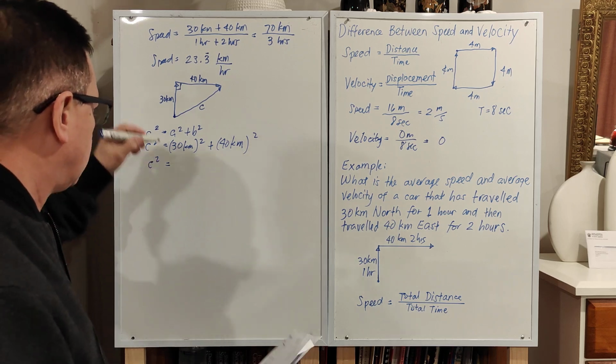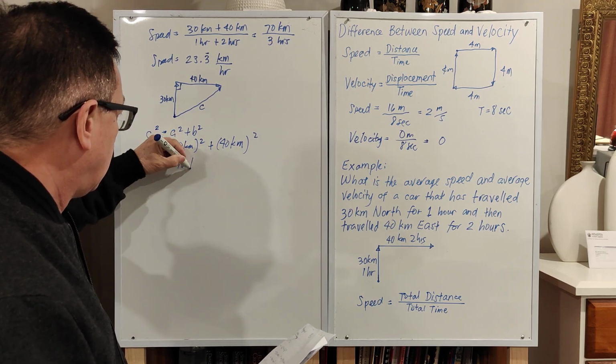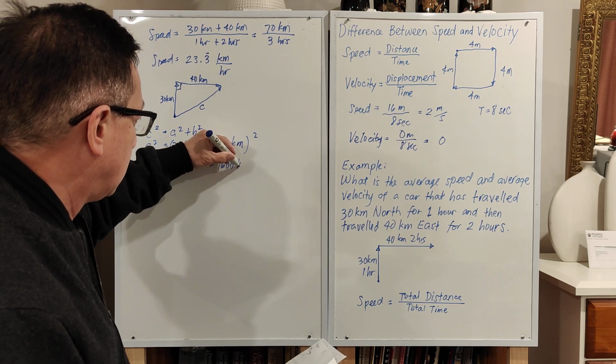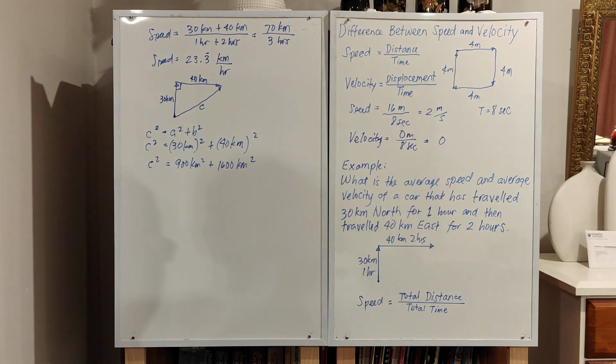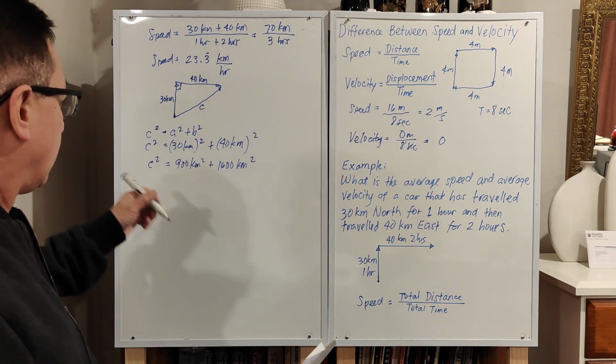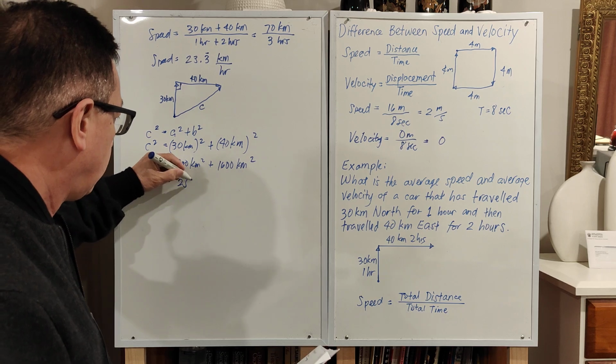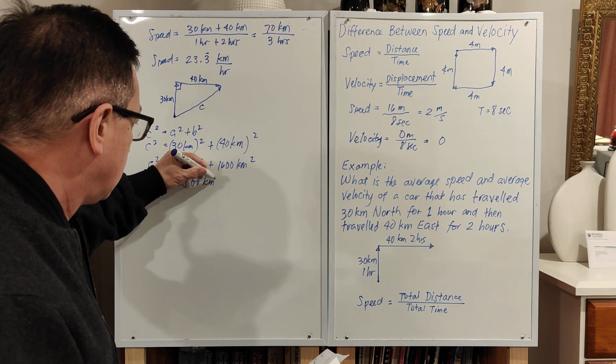C squared is equal to 900 kilometers squared plus 1600 kilometers squared. C squared is equal to 2,500 kilometers squared.